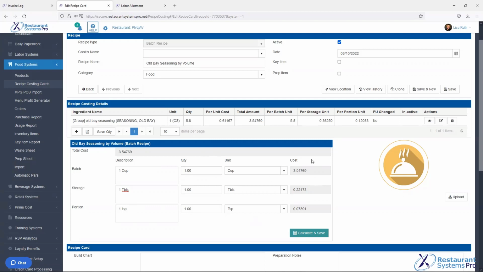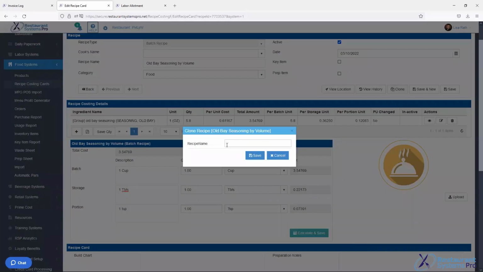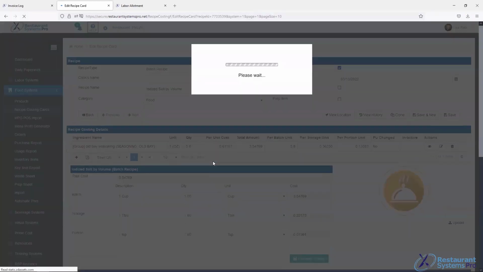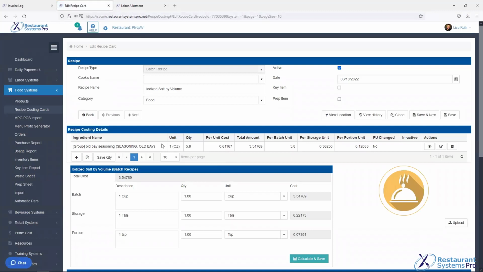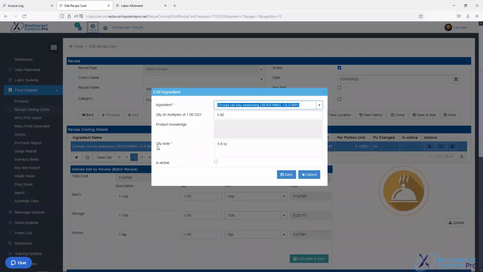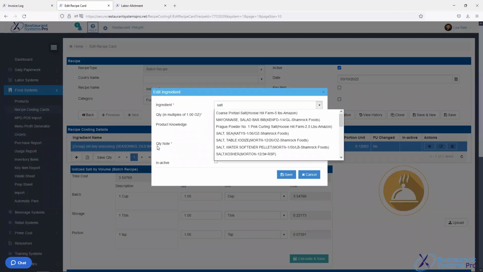So what we can do with this recipe now is clone it. I'm going to clone it, and I'm going to do iodized salt by volume, because that was the next one that we did. When you clone something, all you have to do then is swap out the ingredient. So I'm going to double click it and type in salt.